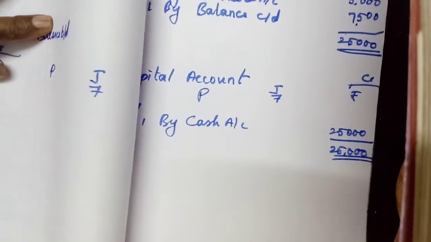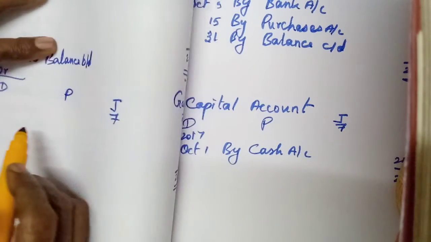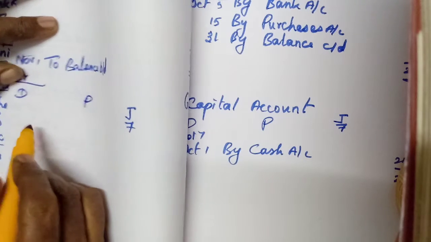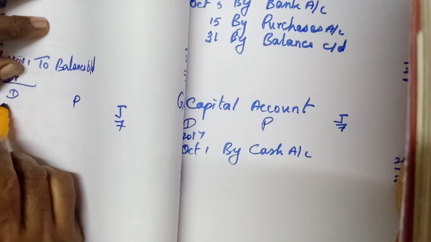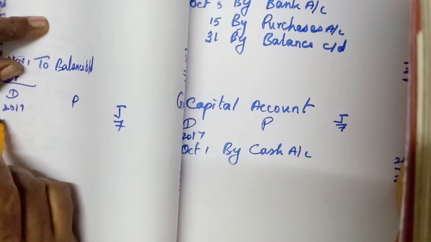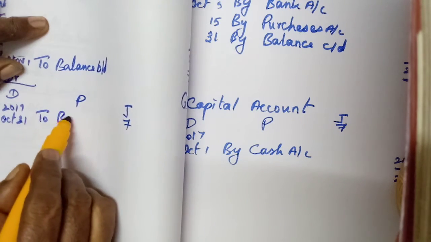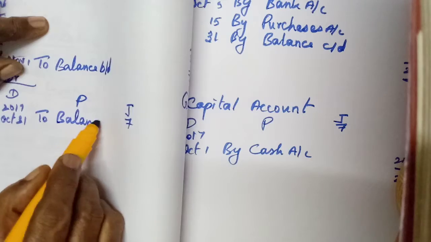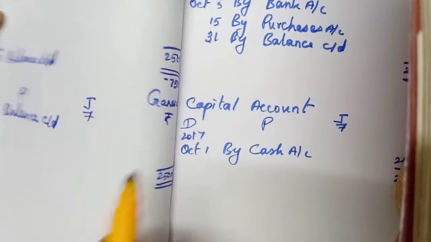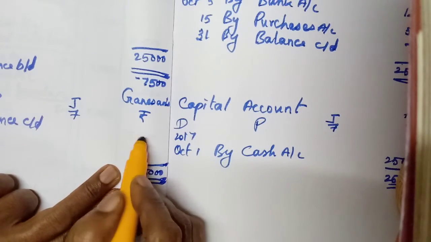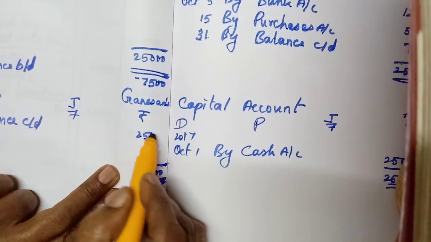Now, the last date. We are going to balance the account. What is the last date? Year 2017 October 31. To balance carry down, 25,000, right here. The same 25,000.